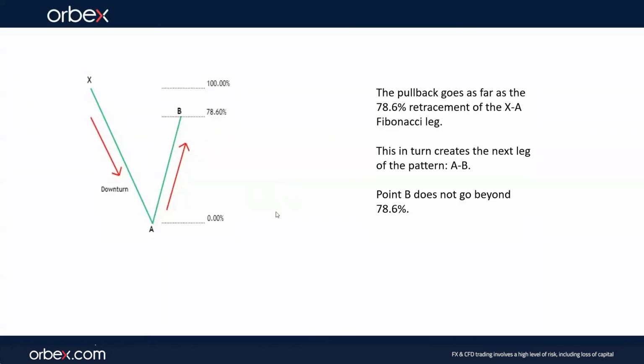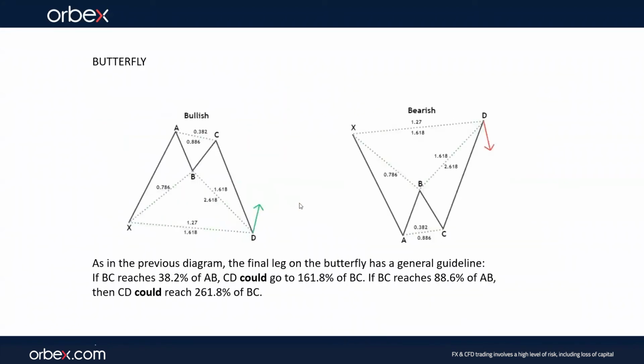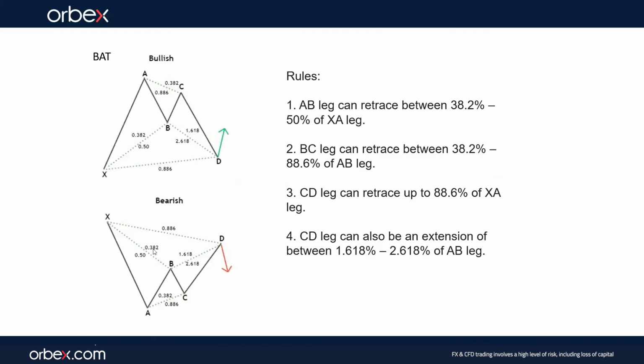78.6%. However, for the crab and the bat, sorry, we've got a kind of cluster. It's not a set in stone number. So we've got a little bit of leeway in that zone there. And then we've got B to C, again, like the Gartley and the butterfly, similar numbers.